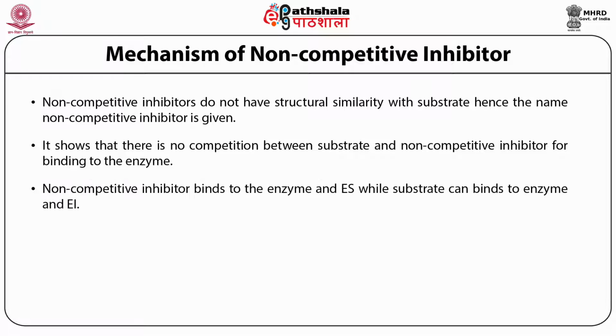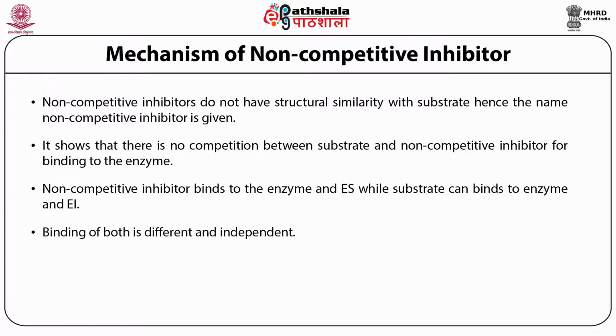So, a non-competitive inhibitor can bind to the free enzyme or it can bind to the enzyme-substrate complex. If the inhibitor binds with the free enzyme, then the EI complex is formed.